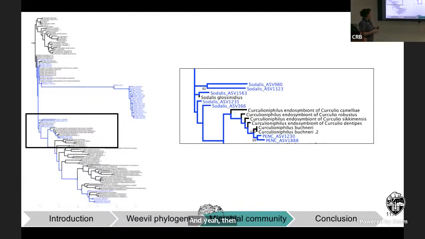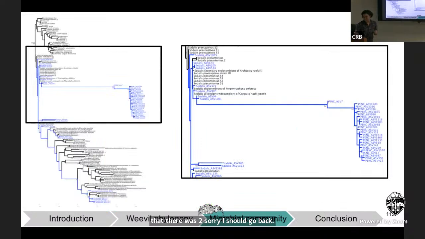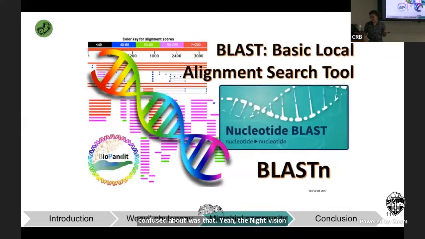I should go back really quickly and say that, beyond them being associated with Sodalis, something I was confused about was that the naive Bayesian classifier classified them as Herculeonophilus. So I'm looking at this and there are a lot of incongruencies.